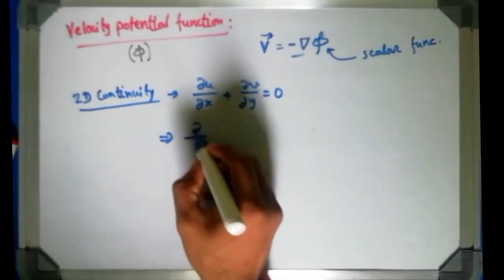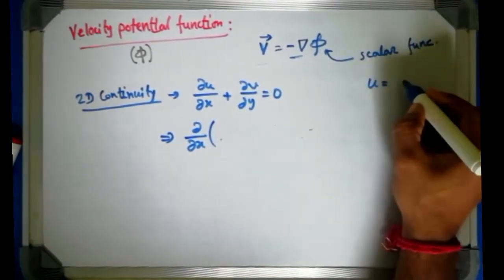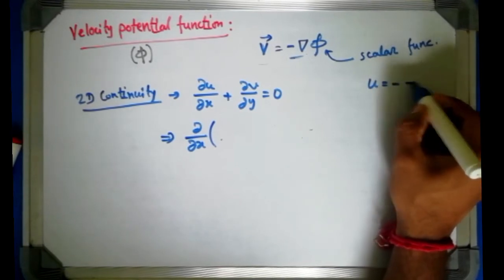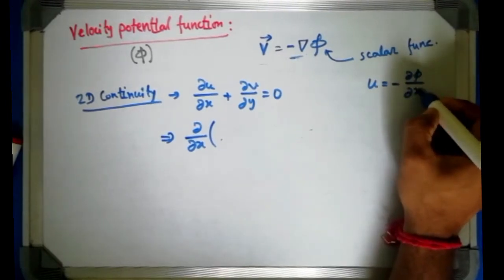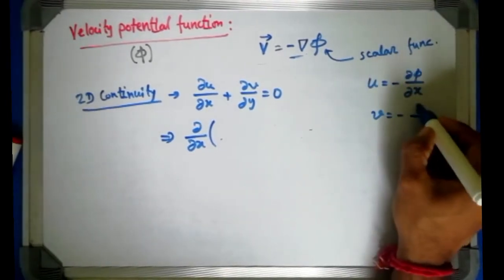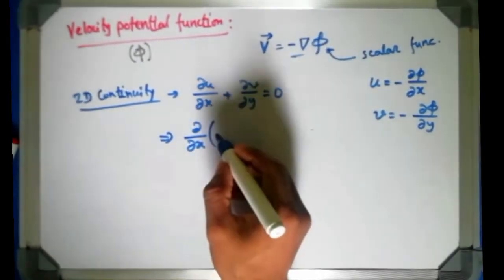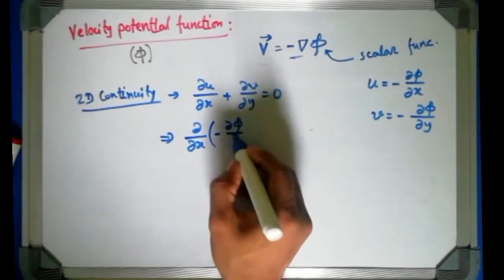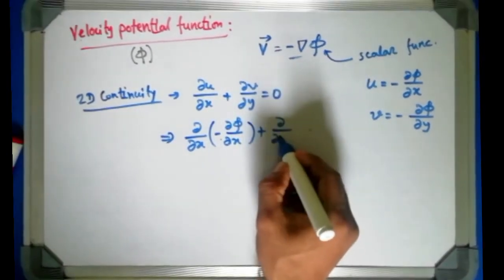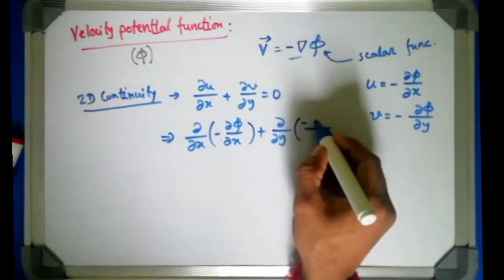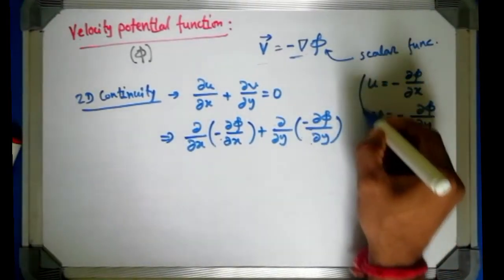Okay, so now see the thing for 2D. If I place that u, already written u in terms of velocity potential function, u can be written by minus del phi del x and v can be written by minus del phi del y. So put these values onto this continuity equation. So what does this give? Del x of minus del phi del x plus del y of minus del phi del y, that equals to 0.